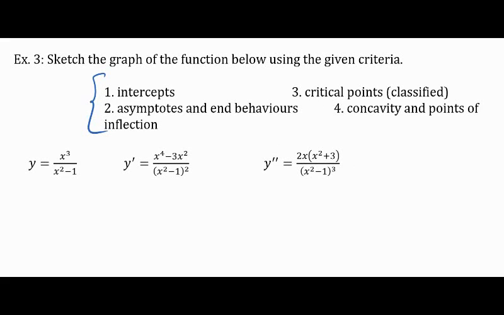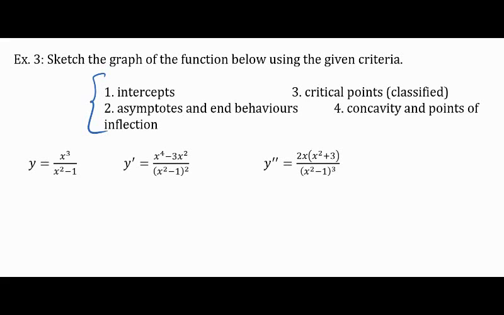But all the 4 criteria also have to be labeled in your final sketch. So your intercepts, your asymptotes, and end behaviors, and that includes behaviors around the asymptotes, obviously. Your critical points, and they have to be classified as maximums or minimums.